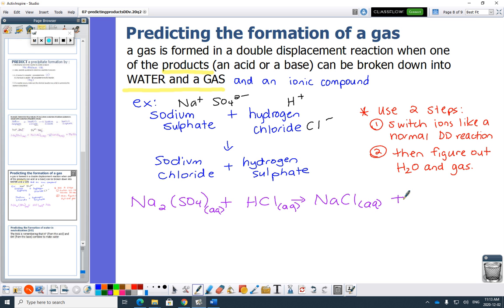And then we're going to put hydrogen with the sulfate. But now the 2 here, you have to crisscross. So hydrogen is not on one of sulfate's insoluble list. So it's aqueous.